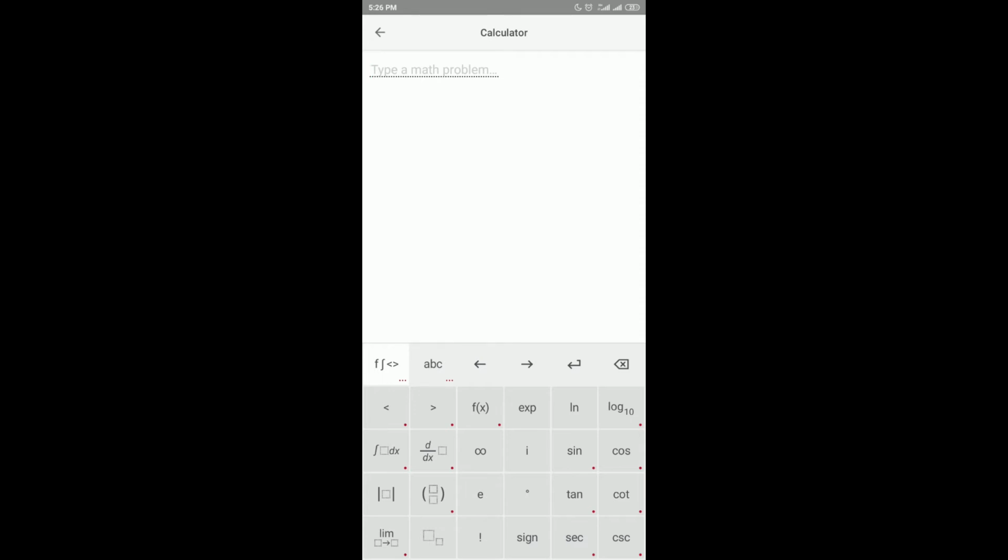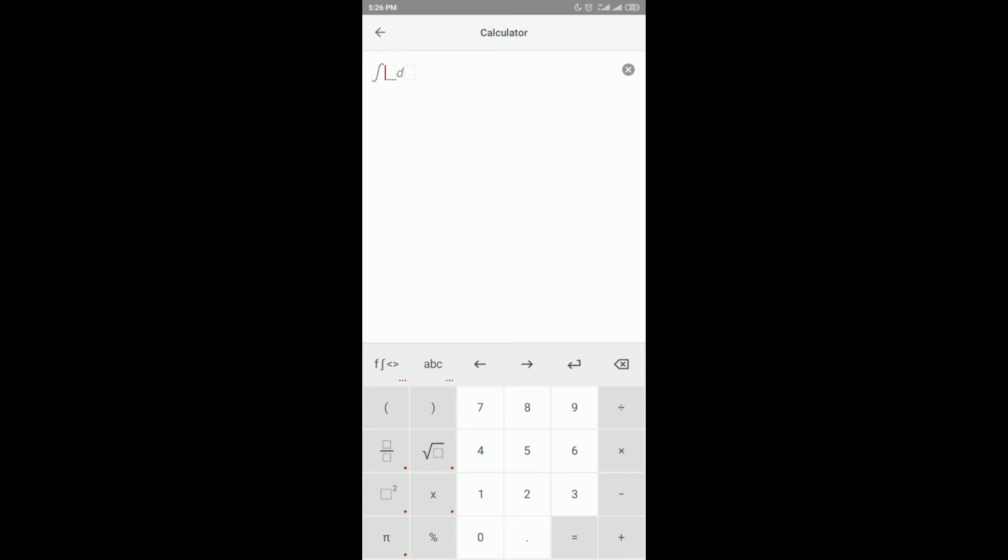For this situation, I want to integrate, so I just press integrate and type in the equation from the question given, for example x squared plus 1. For the d, we have to type in the unknown that we use, in this case x.